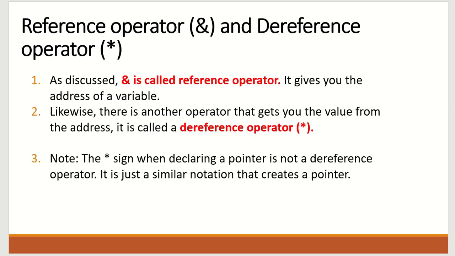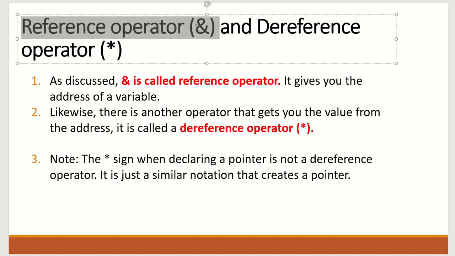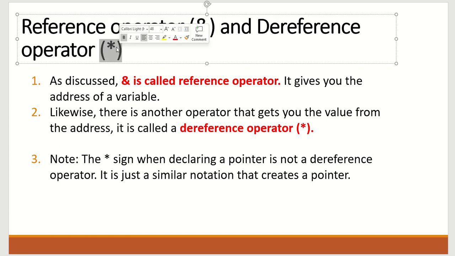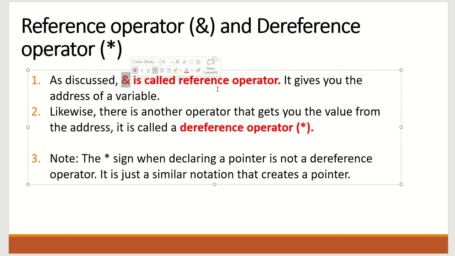So coming to the next point, what is the meaning of the reference operator and dereference operator? The important point here is that the reference operator means the ampersand sign, and the dereference operator means the asterisk sign. As discussed, ampersand is called the reference operator and it gives you the address of a variable.